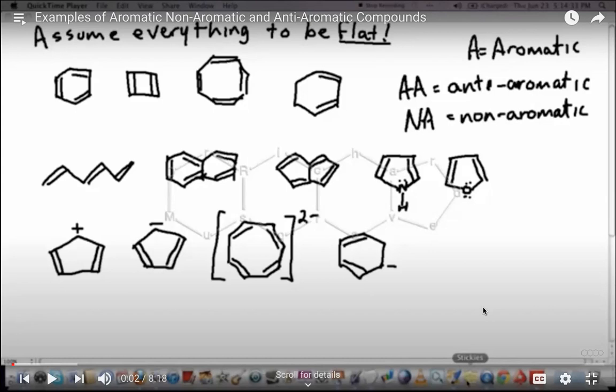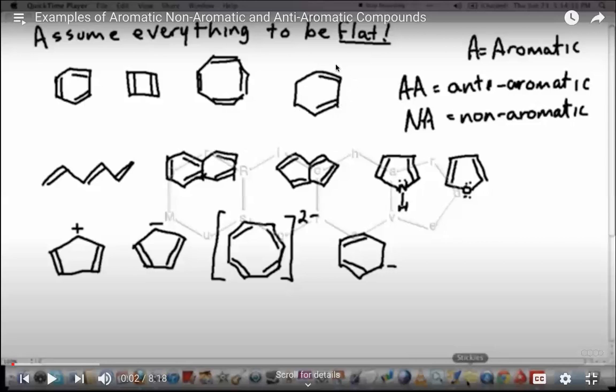So looking at the first one, this one is cyclic. We're assuming everything to be flat, by the way, and it's alternating. So that one has 6 pi electrons, so we make that one aromatic. This one we've already looked at. This is the 4 electrons. That's flat. That one, because it's got 4, is anti-aromatic. This one's got 8, so it's anti-aromatic as well.